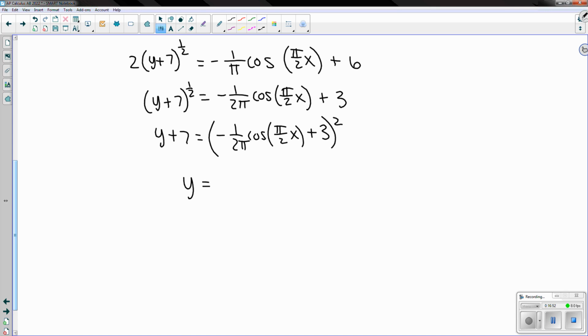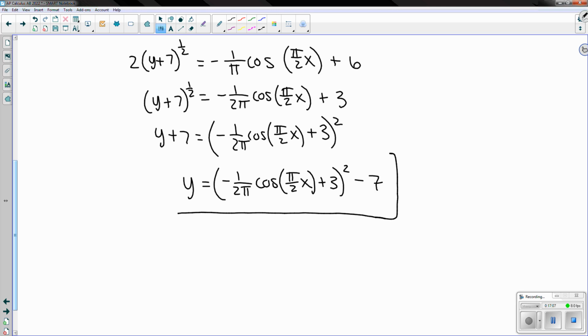And then finally, we're going to subtract 7. And now we have found the particular solution for the given initial condition, along with that given differential equation that we started with.